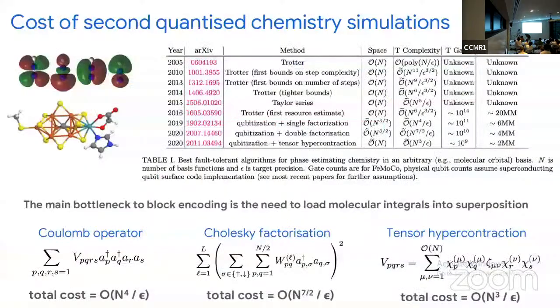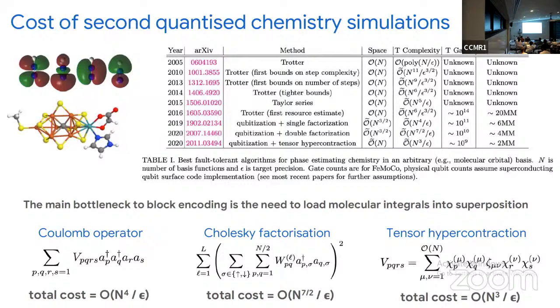Now it's working. Okay. There's been a whole long sequence of work on improving complexity of quantum simulations. On this page, we're looking at the second quantized versions using molecular orbitals. The idea here is that you're trying to find some small set of orbitals to represent a chemical system more compactly.